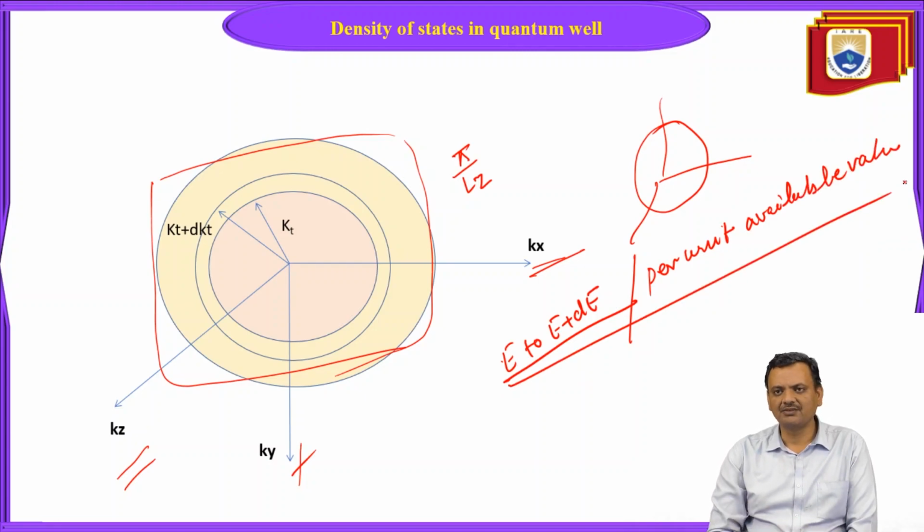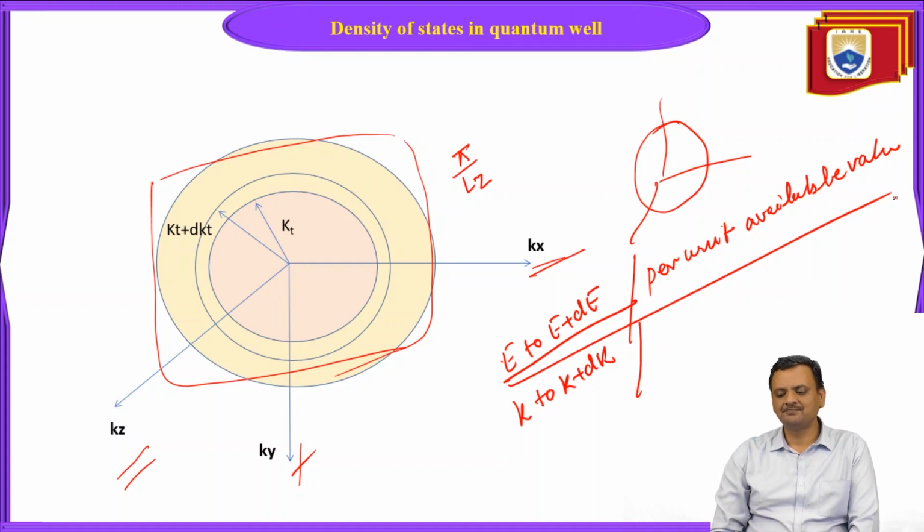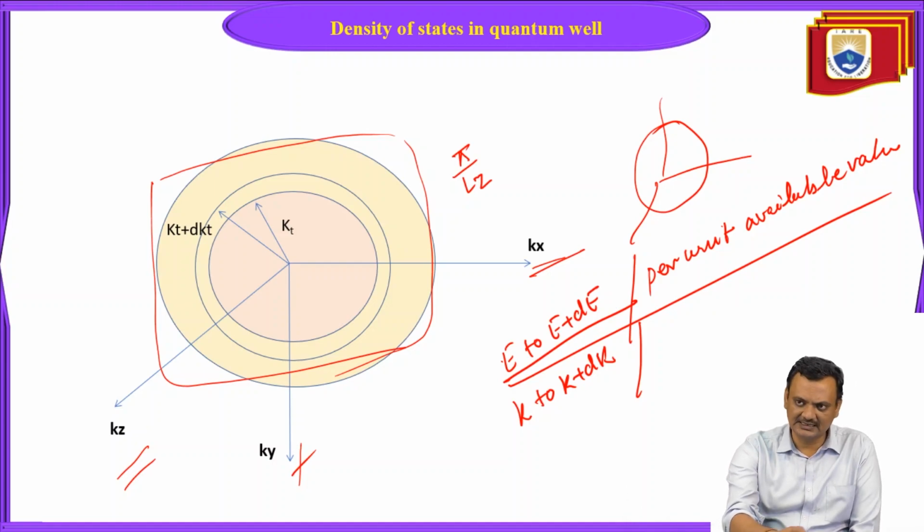This is the definition of density of state in terms of energy. In terms of wave vector K, it is the available number of states in the K to K plus dk region per unit available volume. Okay, so this is your K space region.